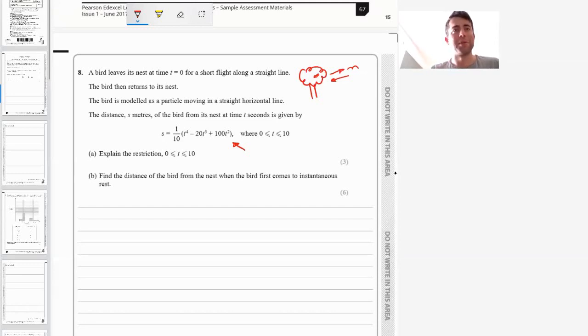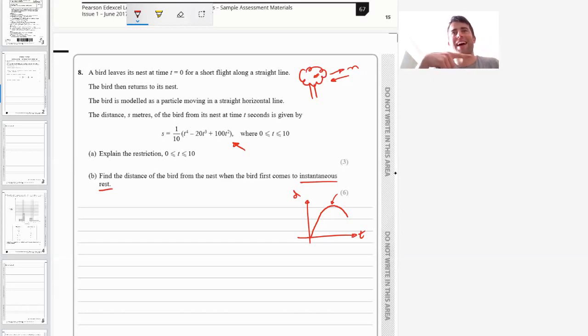Part B, find the distance of the bird when it first comes to instantaneous rest. Instantaneous rest, what does that mean? If we plot that on a graph, in this case a distance time graph, instantaneous rest means it's a point where it's stationary, but not necessarily stationary for any length of time.